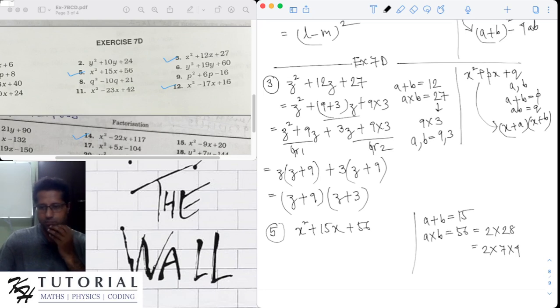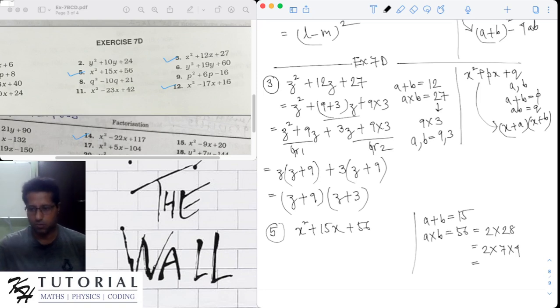Now, from these factors 2, 7 and 4, how can we find A and B, two numbers, such that the product is 2 into 7 into 4 and their sum is 15. So if I consider 14 and 4, the sum is 19. It will not work.